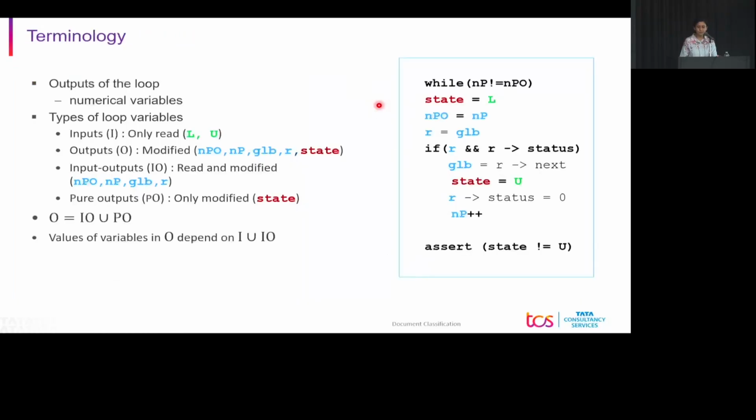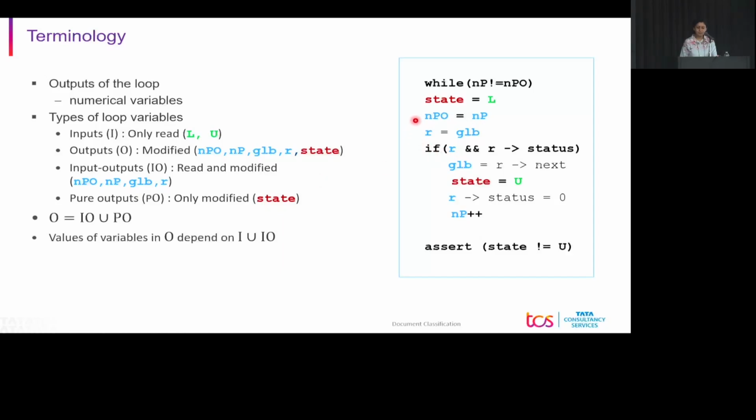So let me introduce some terminology now. Outputs of the loop. Consider this same example. There are different types of variables here. One is the variable state, which is only modified and never read in the loop. So let's call it a pure output because it's never read.